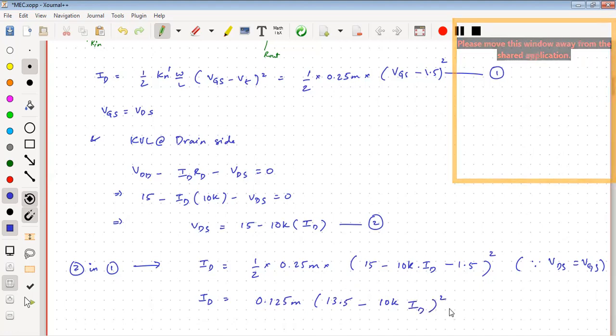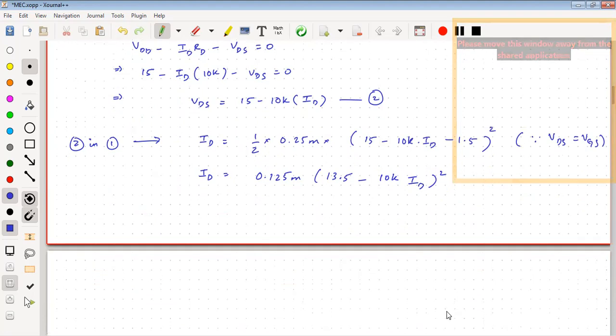Write this expression in terms of A into ID square plus B into ID plus C equals 0.